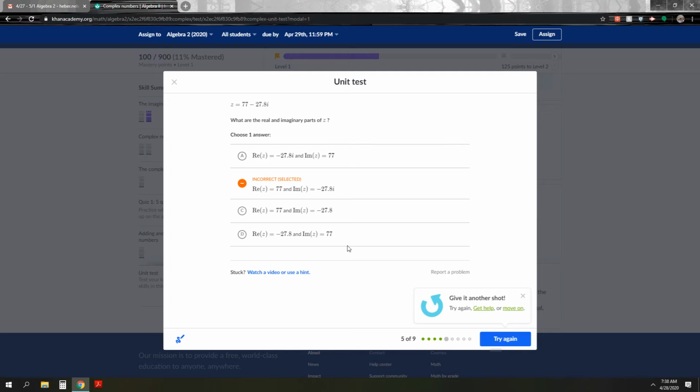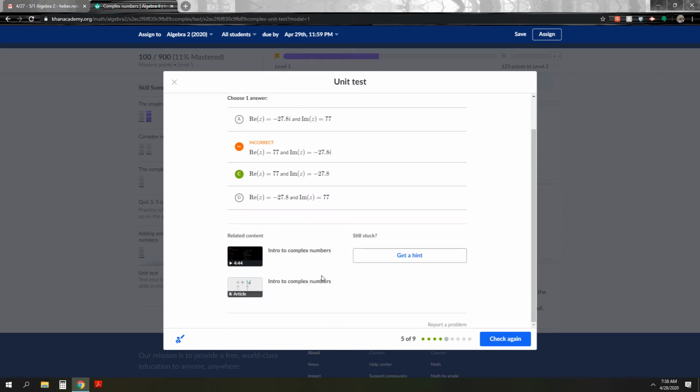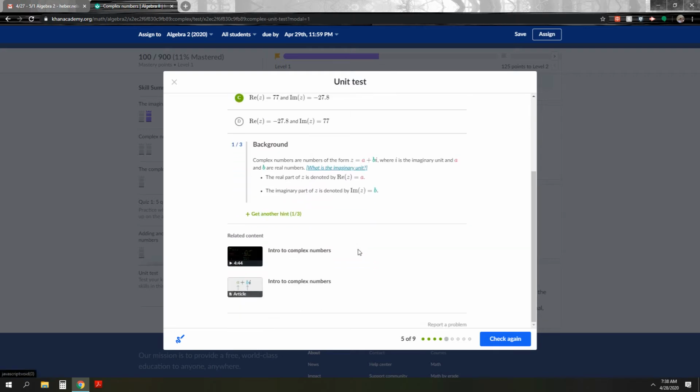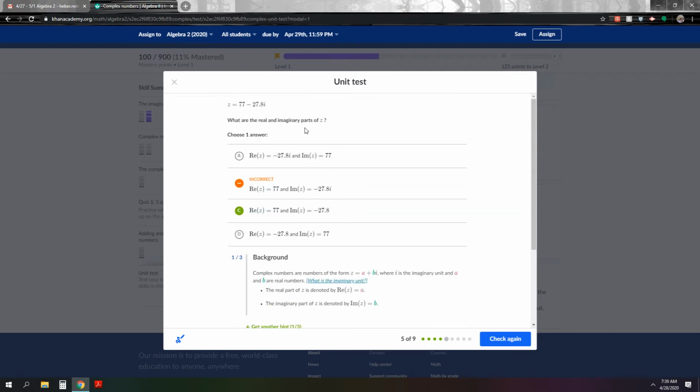It doesn't like that. So it's actually saying that this is the imaginary part. They don't want you to include the i when they're talking about the imaginary part. Let's see why they're saying that. Yeah, get a hint. The imaginary part is just the b. So it's saying it's the part without the i.